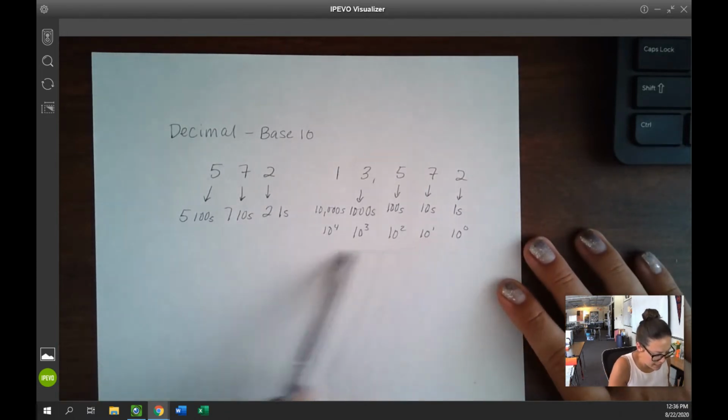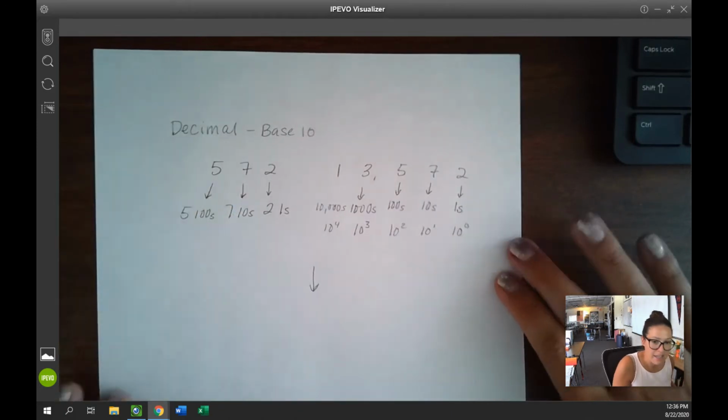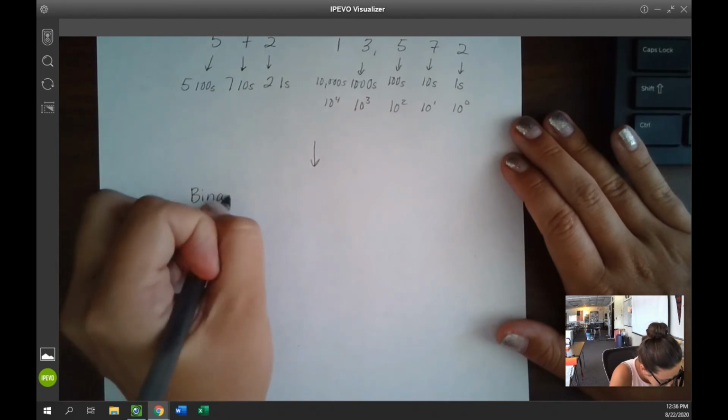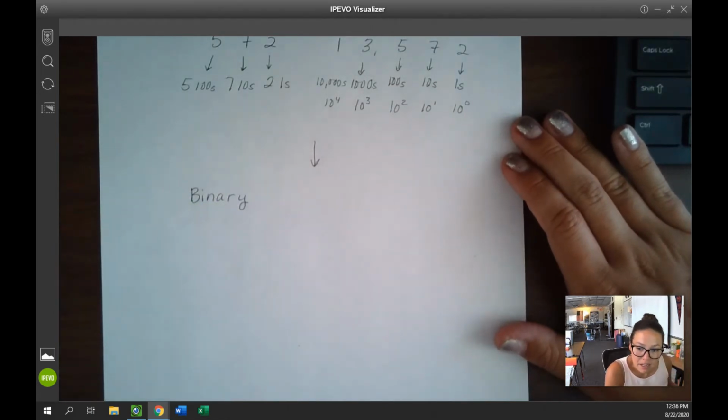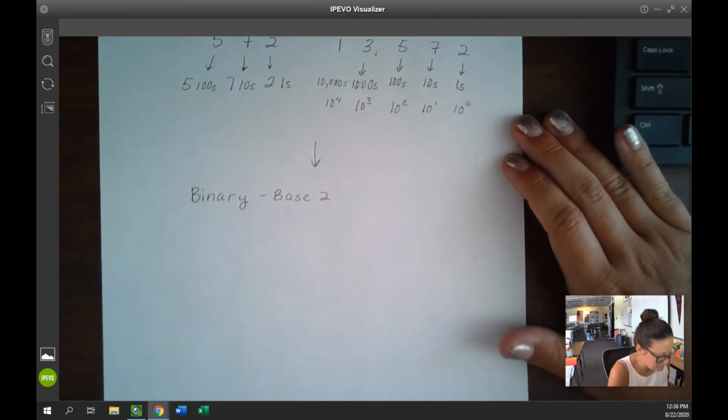Understanding this, we are now going to translate into binary. Binary is base 2.